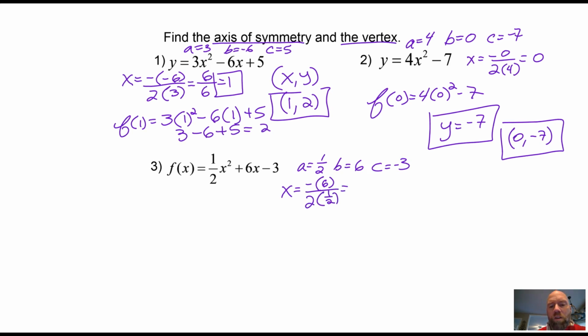All right? So negative 6 over 2 multiplied by 1/2, or 2 divided by 2 is just 1. And so my axis of symmetry is at negative 6. My vertex is going to be where I plug that into my function for x. So the function is x is equal to negative 6, or I'm going to substitute every single time I see an x, I'm going to plug in negative 6.